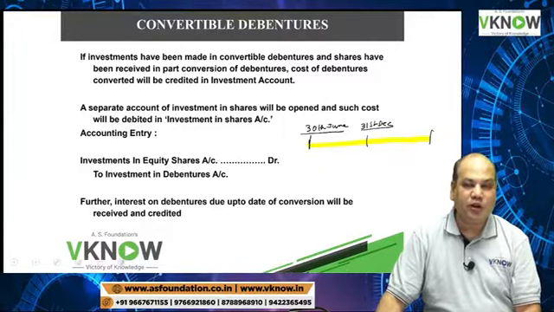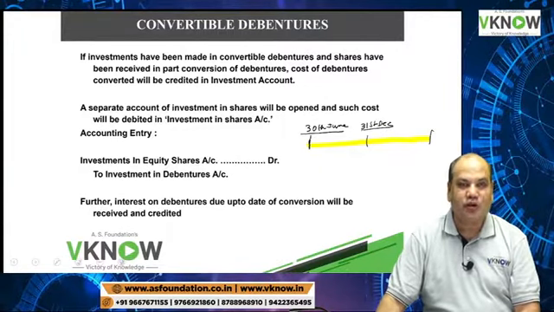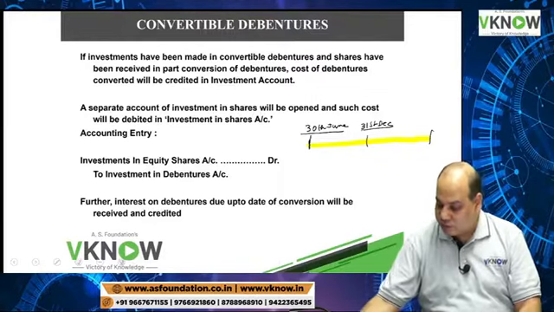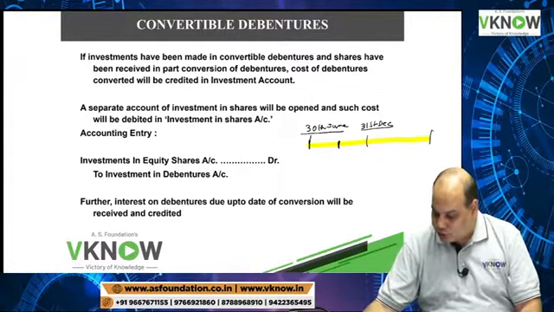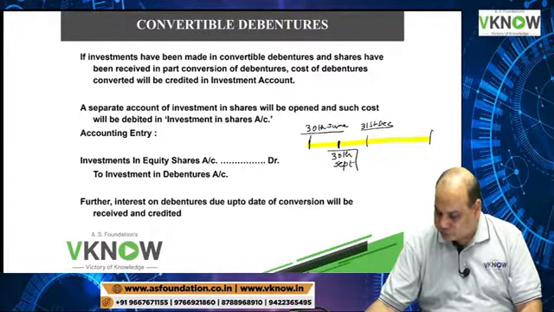Interest payment dates are 30th June and 31st December, and conversion took place on 30th September. Conversion of debenture took place here.